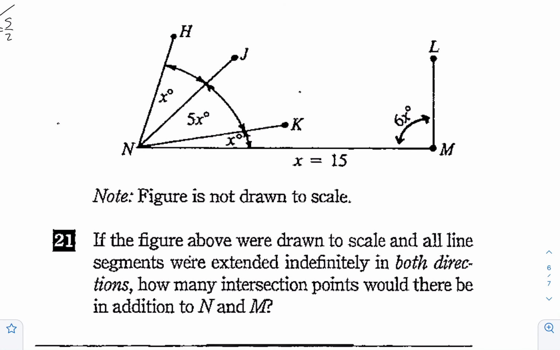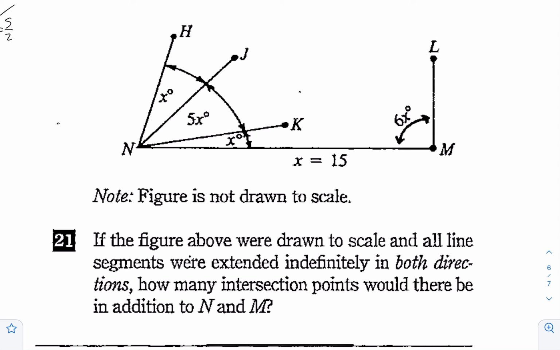Next, for number 21, in the figure above, drawn to scale, all the line segments are extended indefinitely in both directions. How many intersection points would there be in addition to N and M? So here you just have to figure out how many of these would be intersected.